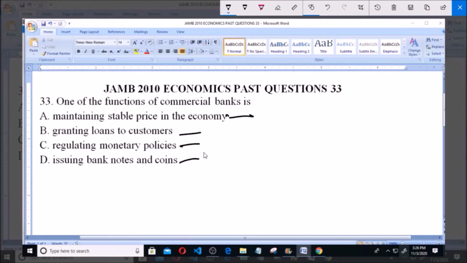So from our functions, granting of loans to their customers is the answer. So option B is the correct answer.